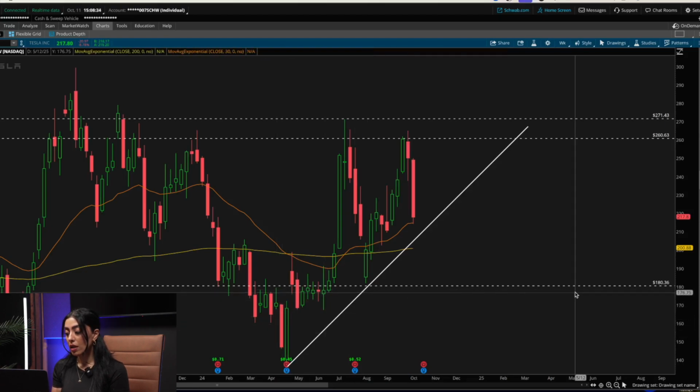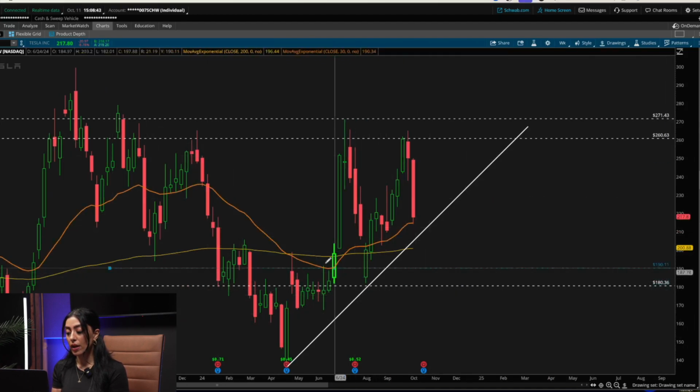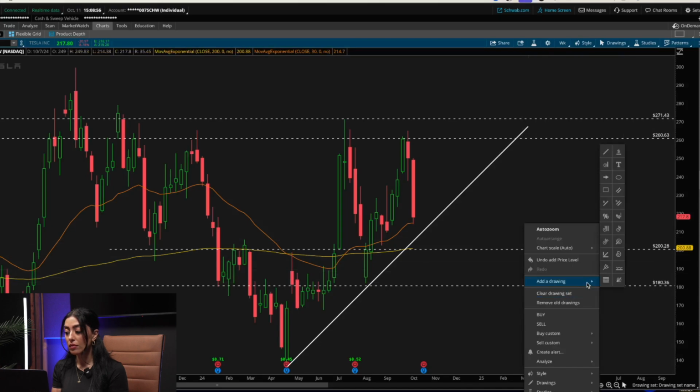Now, in between the neckline and the double top, the resistance here, we have some levels of resistance as well. So if, for example, it comes down to 180 and bounces, where could it potentially reject? So we have a little level here at 200 where its 200 EMA is actually sitting. The yellow line is the 200 EMA. 200 is a level of resistance.